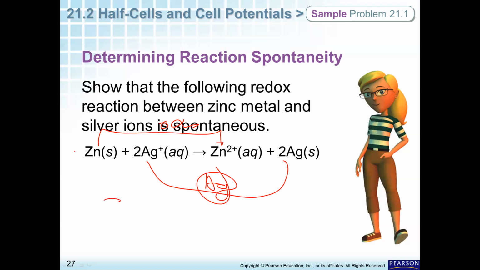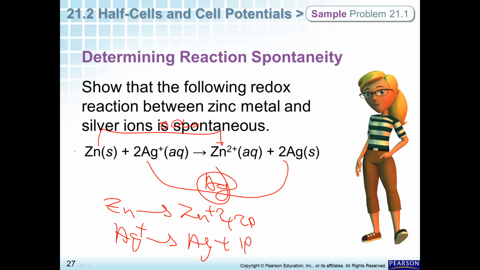The half reactions are zinc going to zinc 2 plus plus 2 electrons, and silver plus plus 1 electron going to silver metal. For these two half reactions I have to go to the table and find out their values. I can tell you that the zinc we tried is negative 0.76.